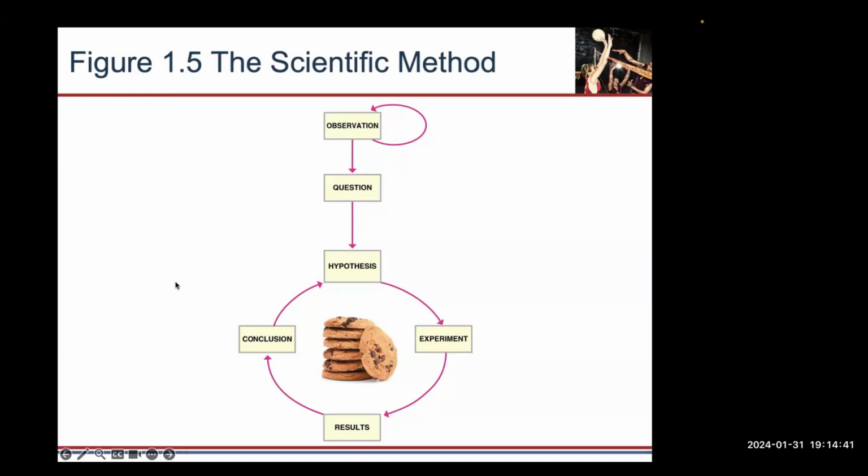They make an observation and then ask you a question: why is the sky blue? In most cases we say, leave me alone, go play video games or something. But in science, we sit there and we go through the steps.